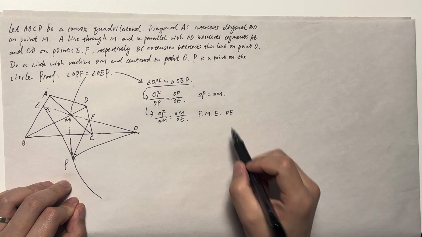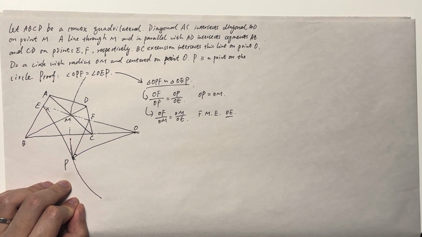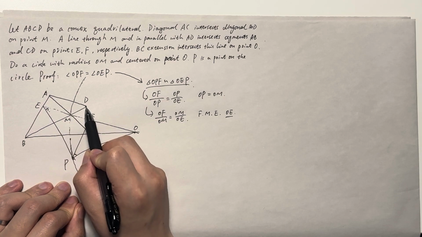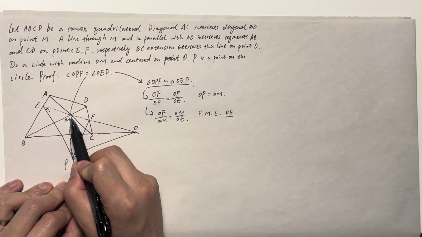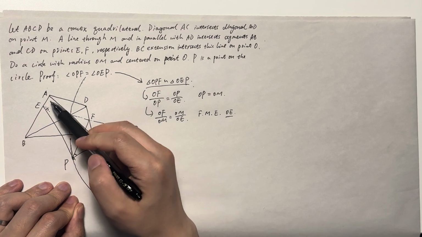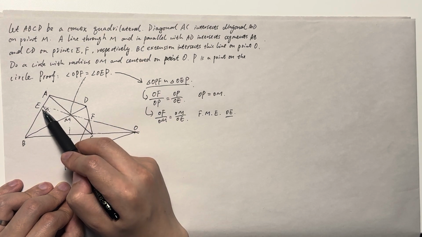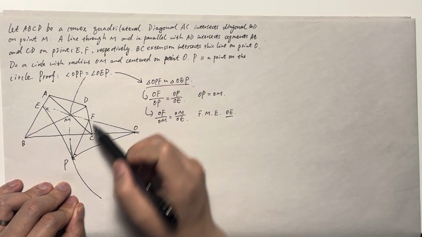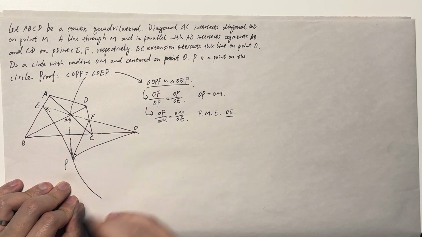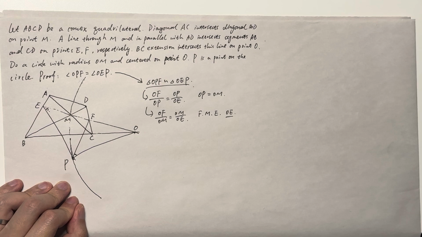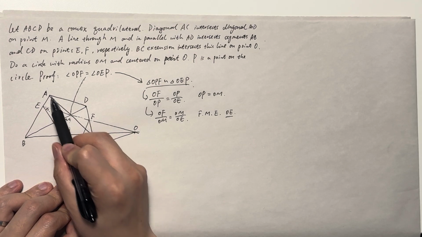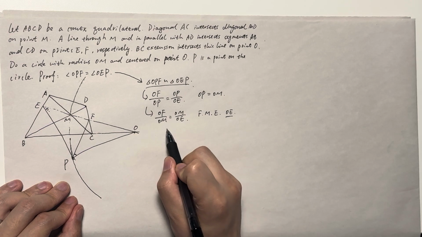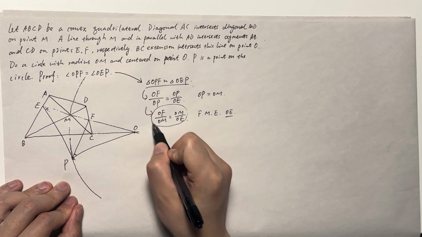And how did we get this line? We drew a line parallel to AD through the point M, intersecting AB at point E and segment DC at point F. So the parallel line must help us to prove this equation.